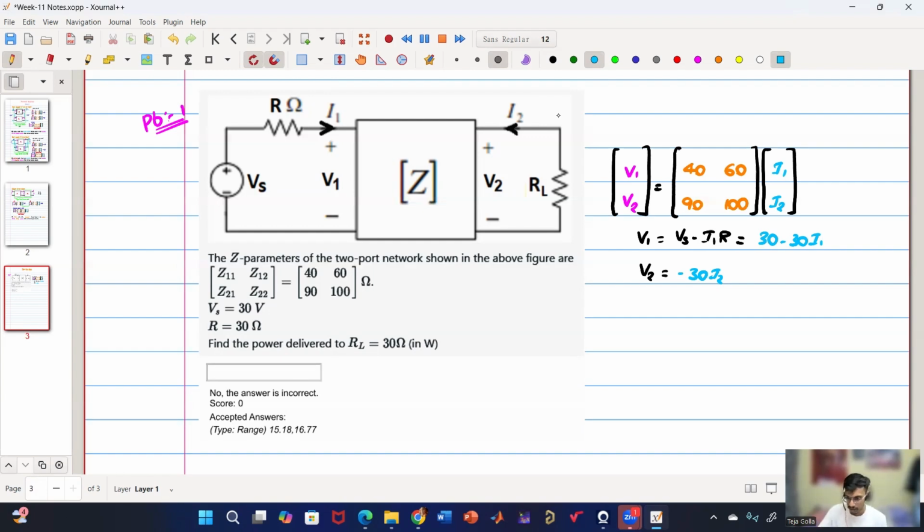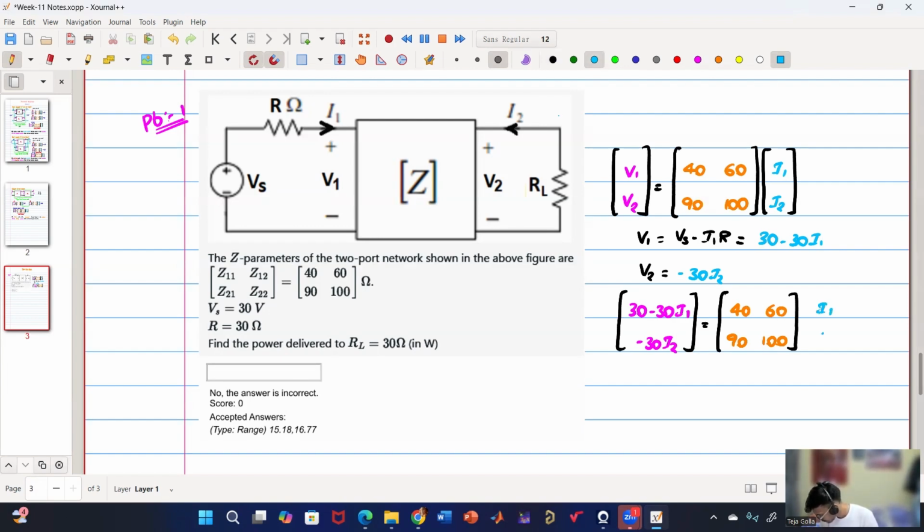So we'll substitute V1 and V2: 30 minus 30 I1 and minus 30 I2 on the LHS is equal to the matrix 40, 60, 90, 100 into I1 and I2. So after this, any idea how to proceed further?